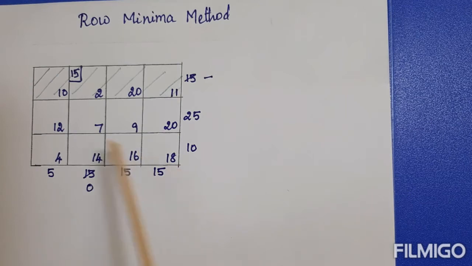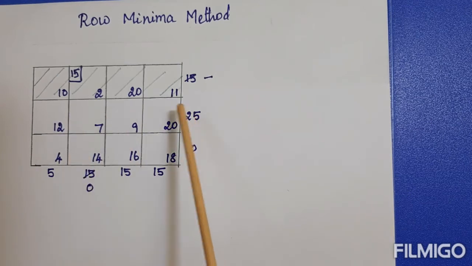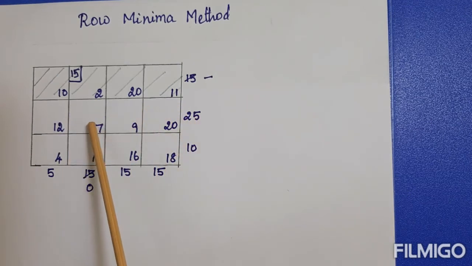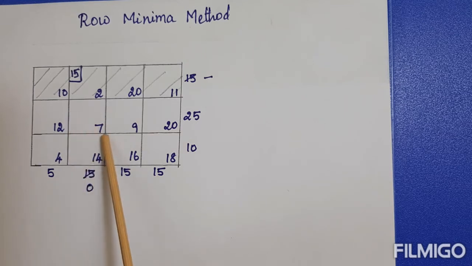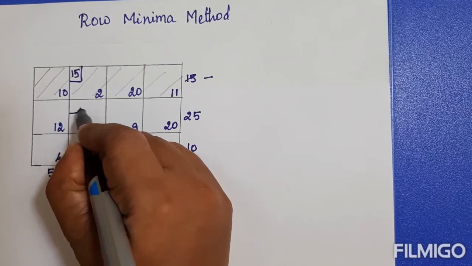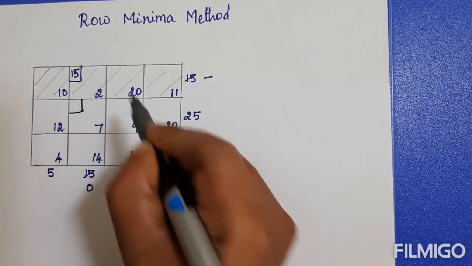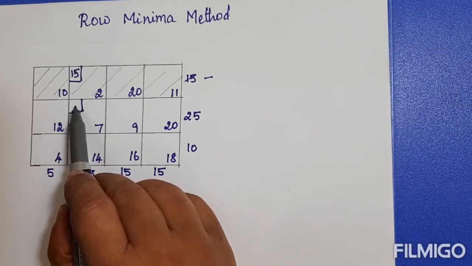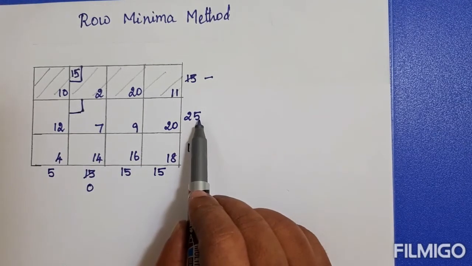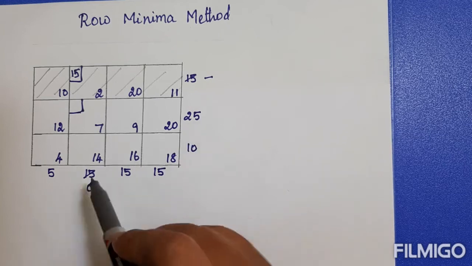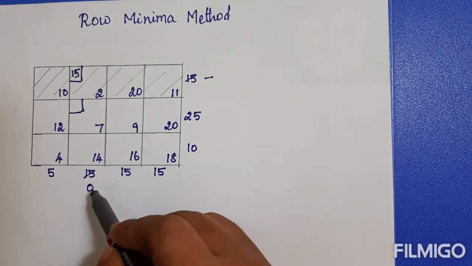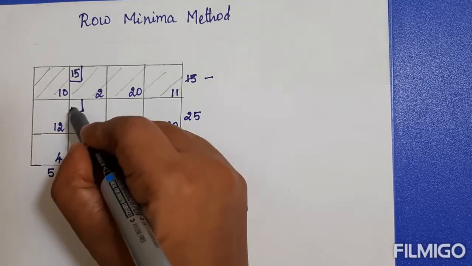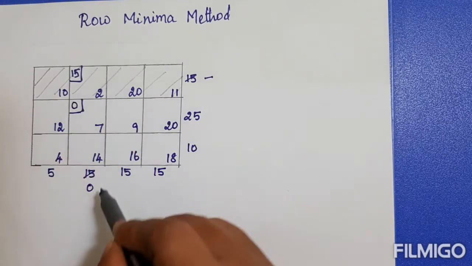Now in the second row, we have to choose a cell with minimum cost. This is the cell with minimum cost. So I made a box here. Now we want to allocate here. As this cell contains supply 25 and demand 0, we put the minimum, so 0.